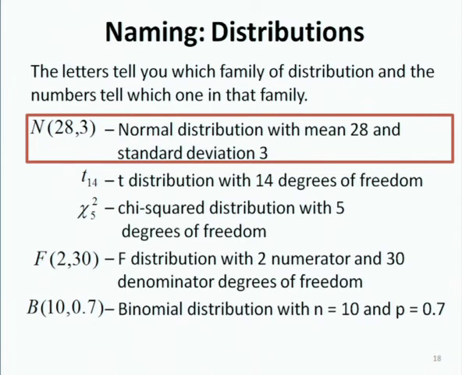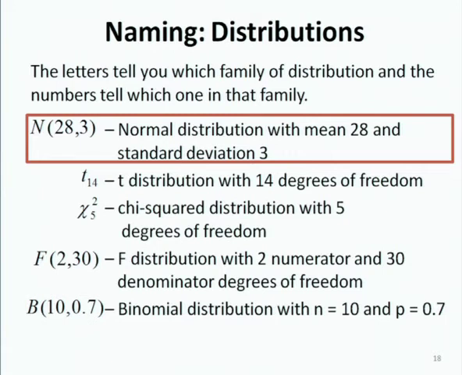And the letter part tells you which family it comes from, and the numbers tell you more about which one within the family you have. So if this doesn't make any sense, let it wash over you and you can come back later. But N(28, 3) means the normal distribution with mean 28 and standard deviation 3. I should warn you that some lecturers put 3 squared in that spot.